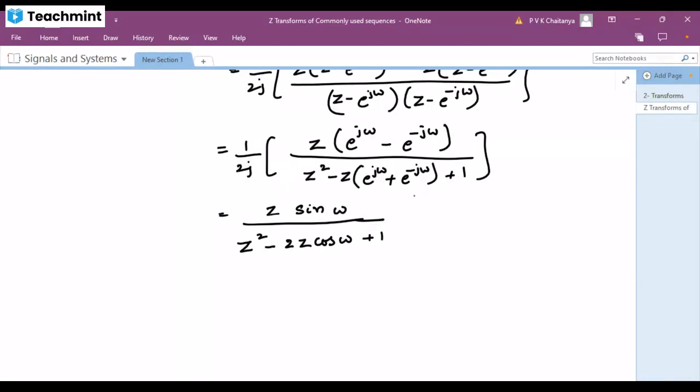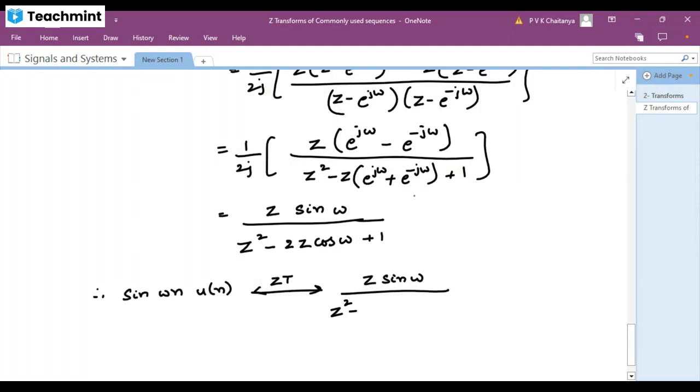So the Z transform of sine omega n multiplied by u of n is z into sine omega by z square minus 2z cos omega plus 1. The ROC, as in our previous derivation, is mod z greater than 1.